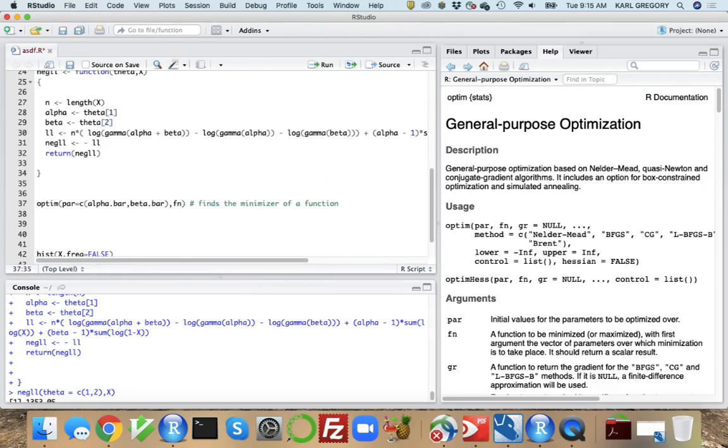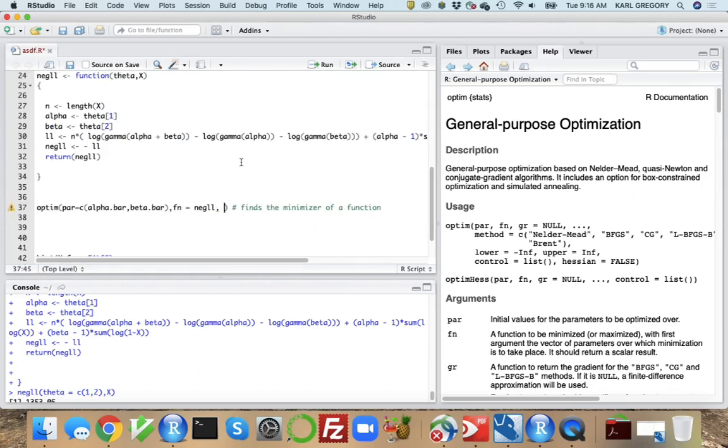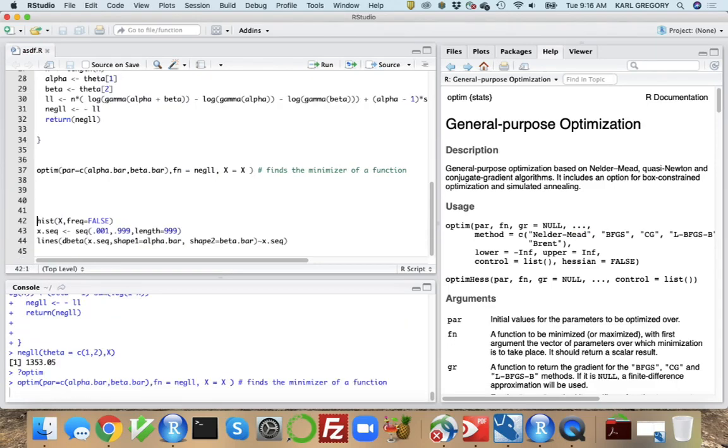And then I need to put in the function that I want to optimize. That's the negative log likelihood. And I need to put in also additional arguments to this function. So I want for this argument x to use the data x. Okay, and let's see how it goes.